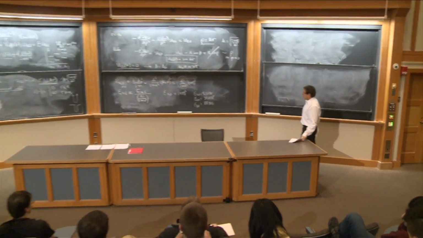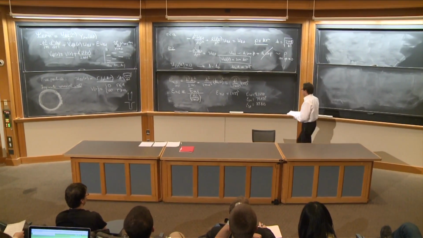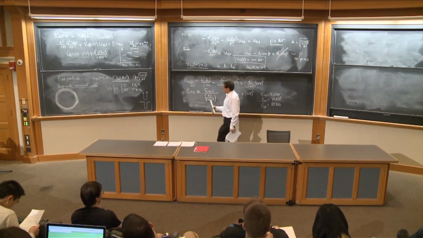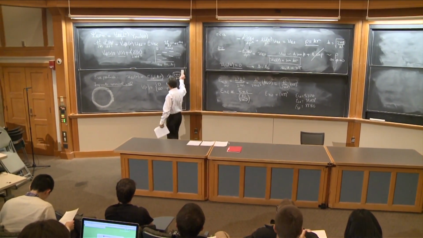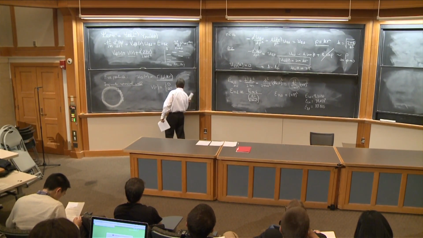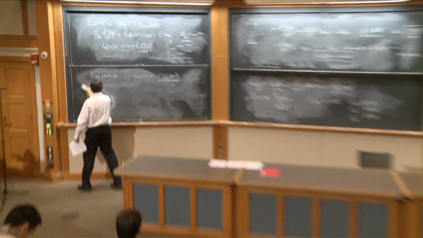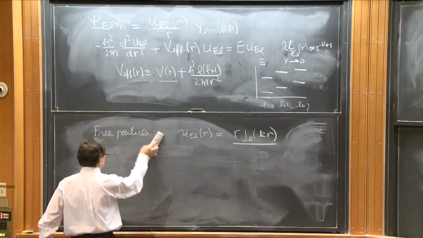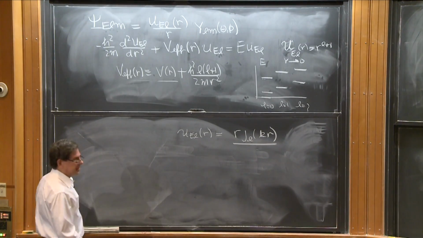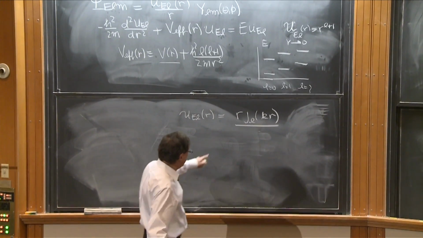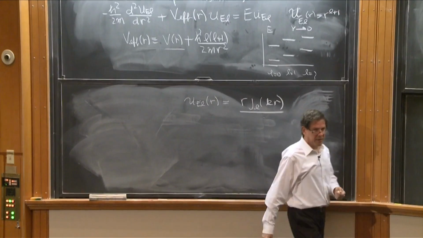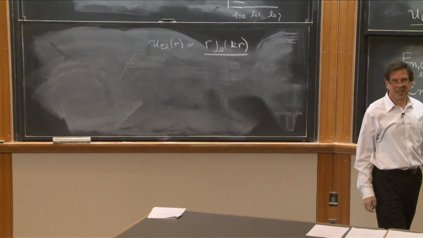So what else about this problem? Well, we can do the general case. The general case, let me erase a little here so that we can proceed. The general case is based on knowing the zeros of the spherical Bessel function.